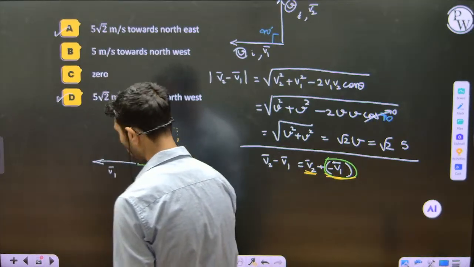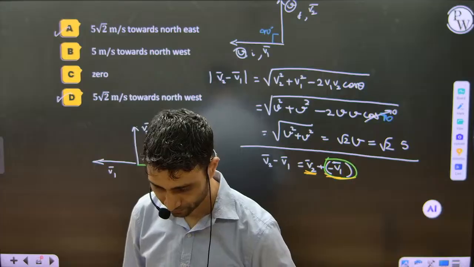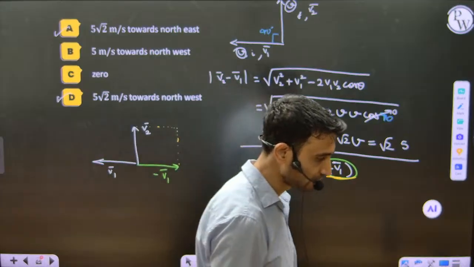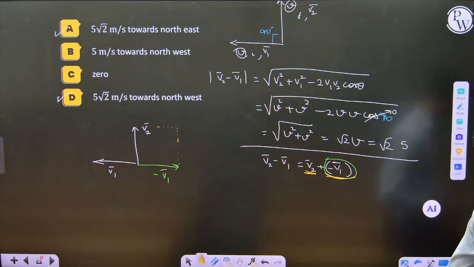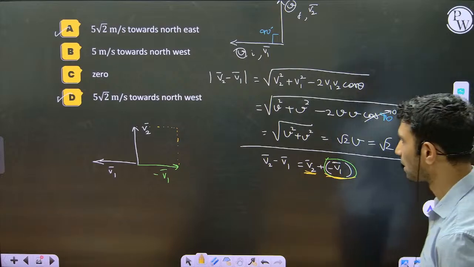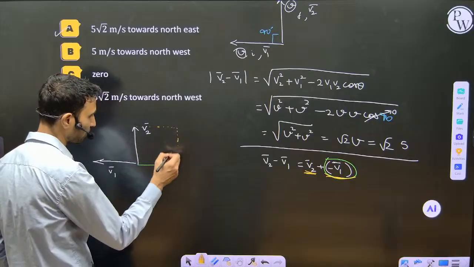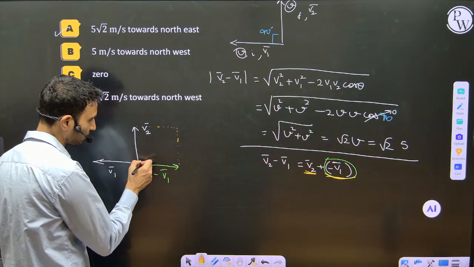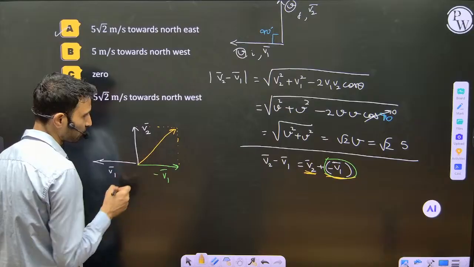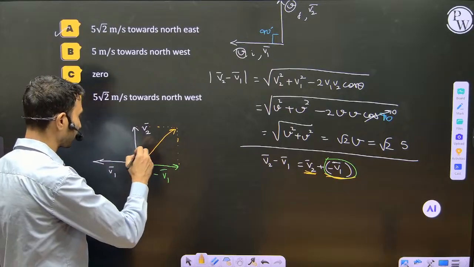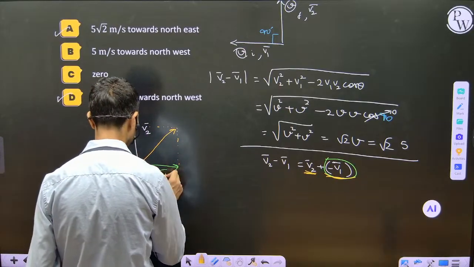And which law can I use to add them? Since tails are together, I can use the parallelogram law, right? So I'll draw a parallelogram and connect the tail to the opposite corner. And this is the addition of the two vectors.